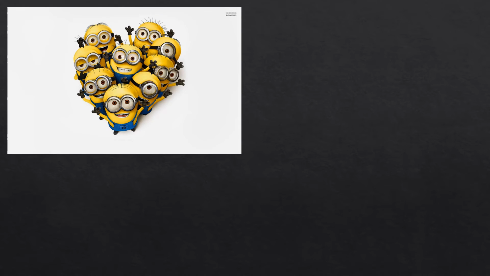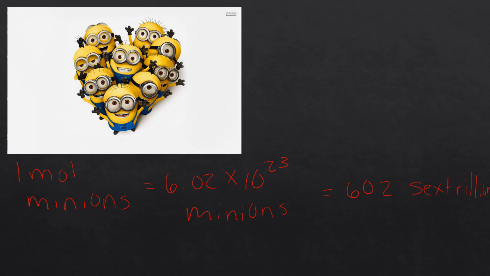So if we had minions, and we had 1 mole of minions, 1 mole of minions would be 6.02 times 10 to the 23rd minions. Okay, that's the short way of saying it. The long way would be 602 sextillion.